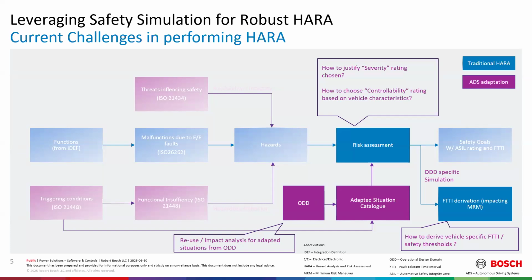Sorry, small question. So for determining controllability, is it the number of people that can react in that amount of time? Do you rely on human factors studies that you perform yourself, or is there publicly available information that may contain some of that? Can you comment on that aspect?